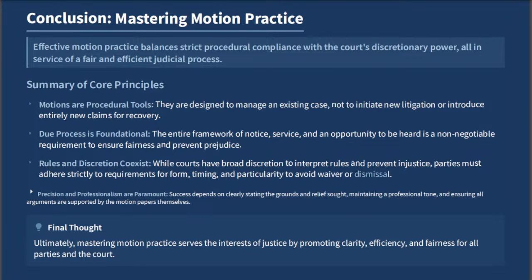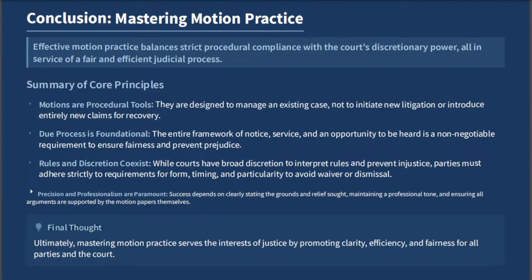And our tiny one here is precision and professionalism are paramount. Success depends on clearly stating the grounds and relief sought, maintaining a professional tone, and ensuring all arguments are supported by the motion papers themselves.